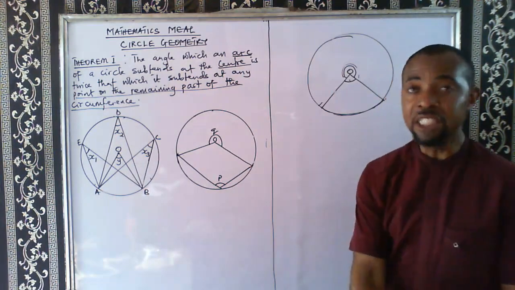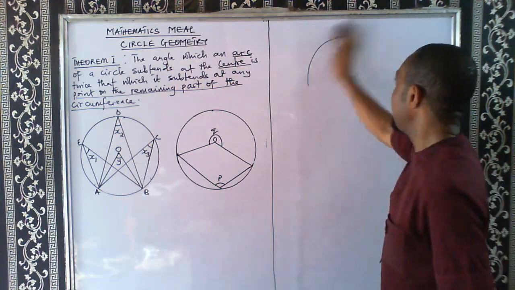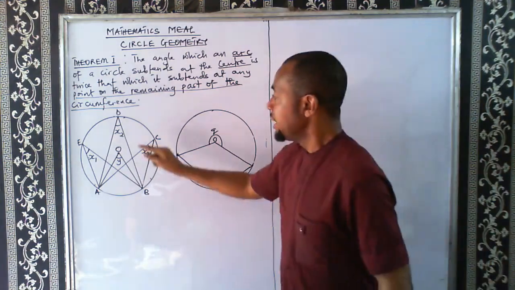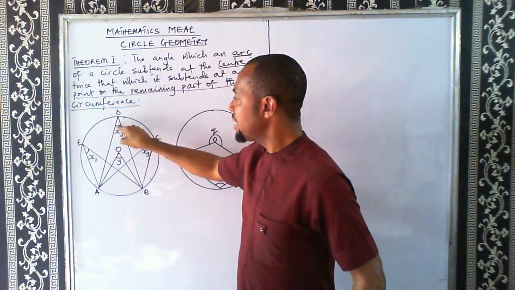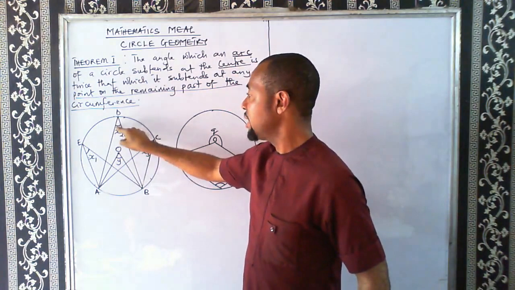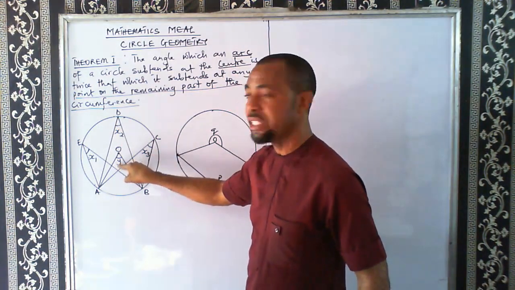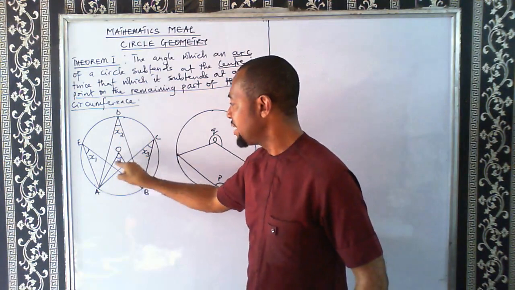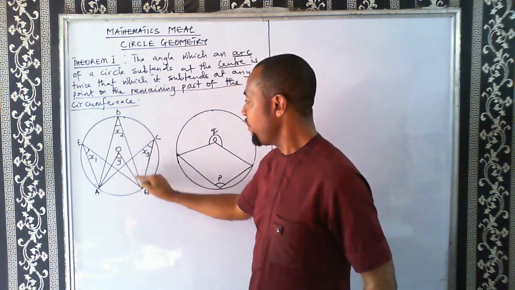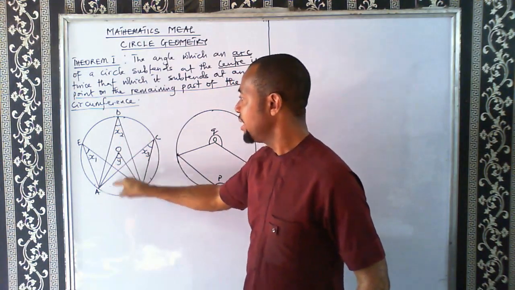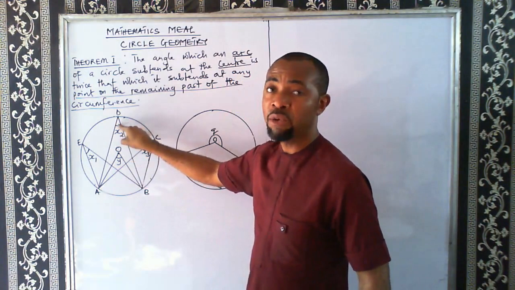If their origin is from the same arc. So the only way 2 times the angle at the circumference will be equal to the angle at the center is if the angle at the center originated from the same arc that produced the angle at the circumference.